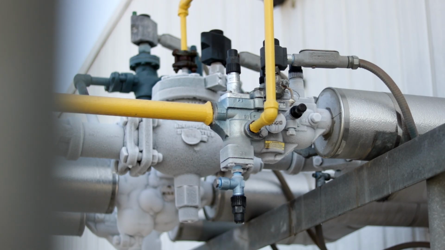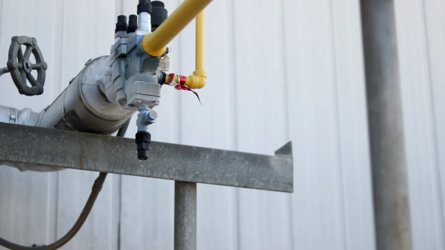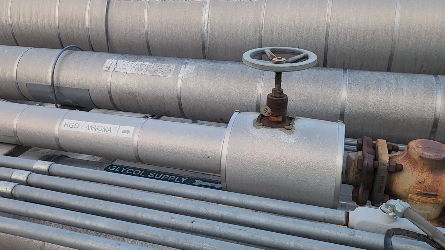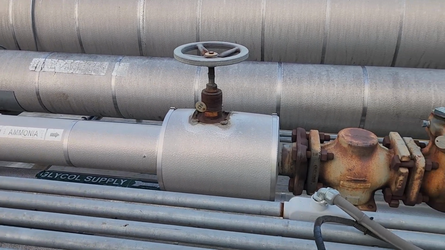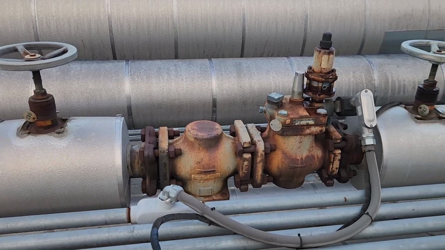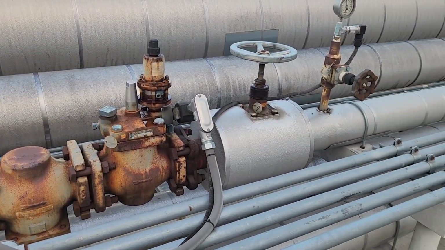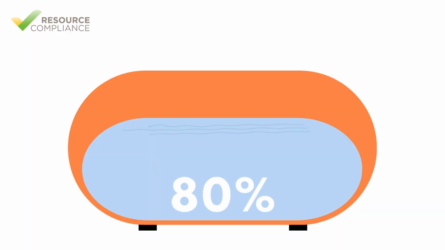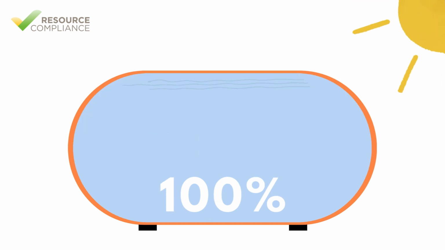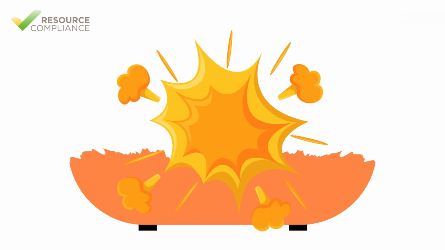In refrigeration systems, trapped liquid occurs when refrigerant becomes isolated in a section of piping or equipment between two closed valves. Because liquid is nearly incompressible, even a small temperature increase can cause a rapid and dangerous pressure rise in the trapped section. Trapped liquid is hazardous because as the liquid warms and expands, pressures can exceed the design limits of the pipe or vessel, leading to ruptures and refrigerant release.